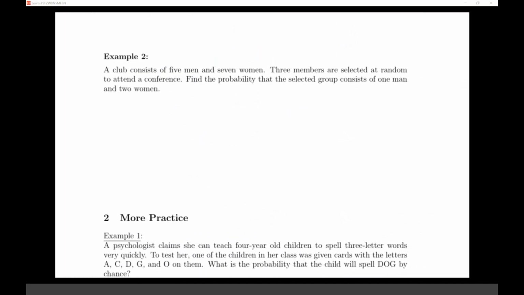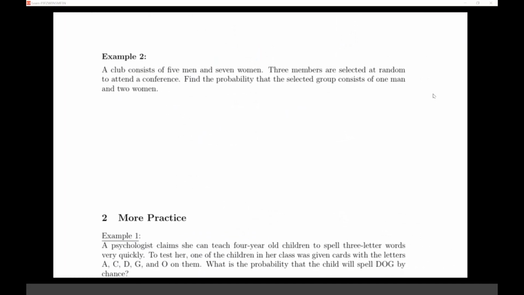I'm going to start out by reviewing the multiplication principle, or what I called the fundamental counting principle here.